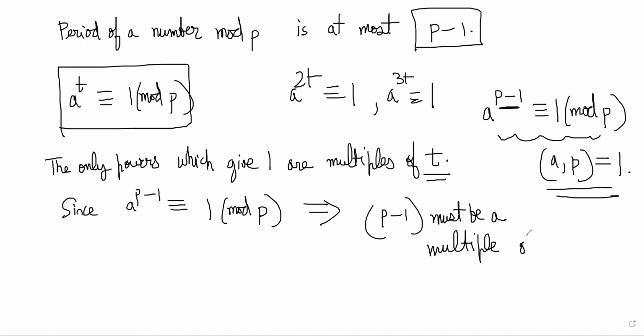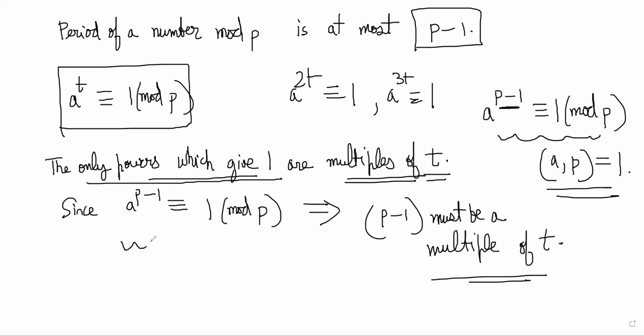Think about it. Earlier, when we defined the period of a, we saw that there is some number t for which a power t is congruent to 1, and other powers that will come are a power 2t, a power 3t. Those are the other places where you get 1 mod p. So the only powers which give 1 are multiples of t. And now by Fermat's theorem, a power p minus 1 is 1 mod p.